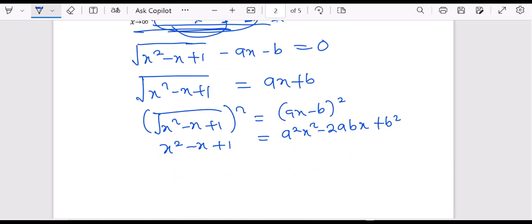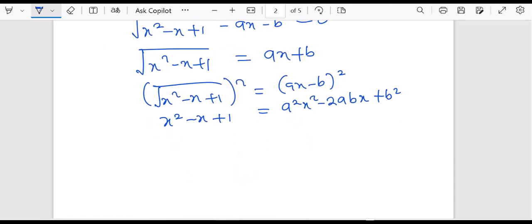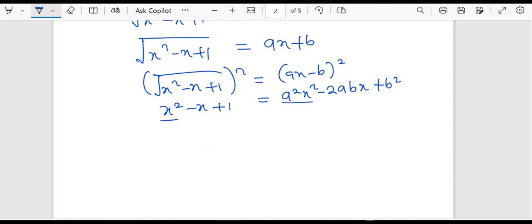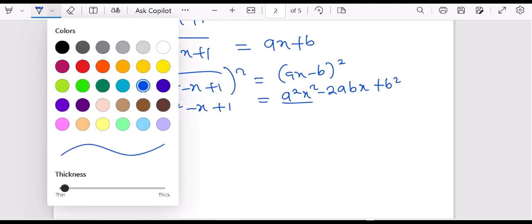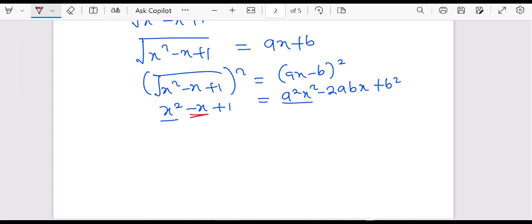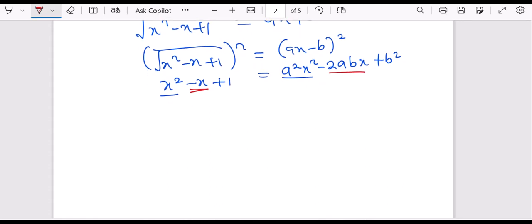So from here we just have to compare coefficients or compare terms. This term is having x squared, this term is having x squared. We compare the two of them, and then this one is having the x and this one is having the x. So we now have x squared equals a squared x squared.